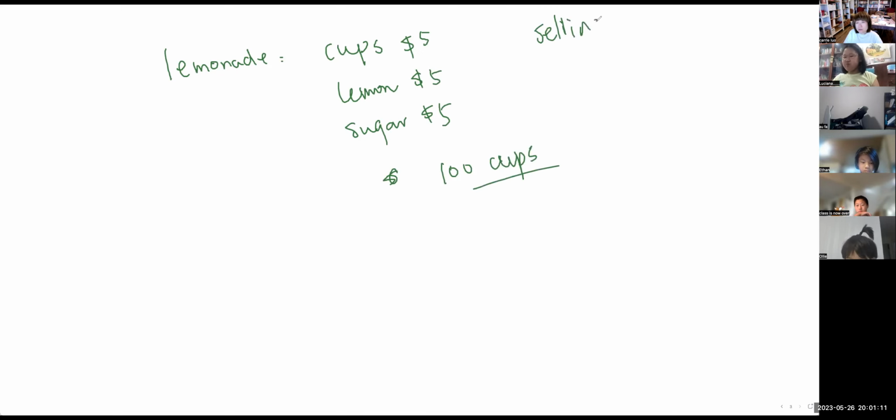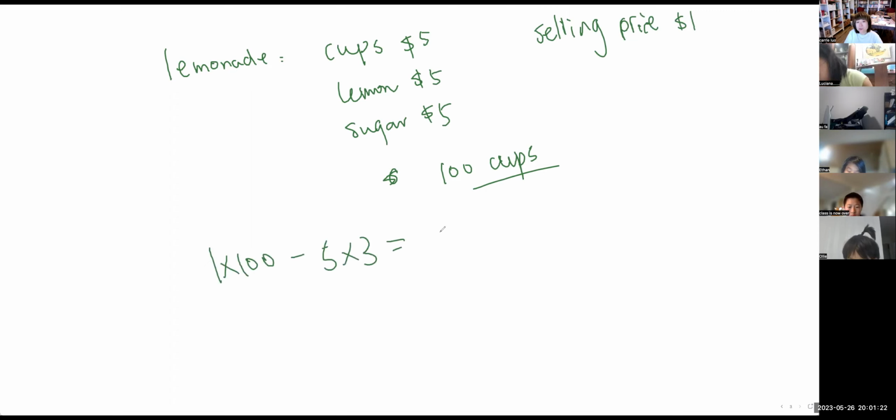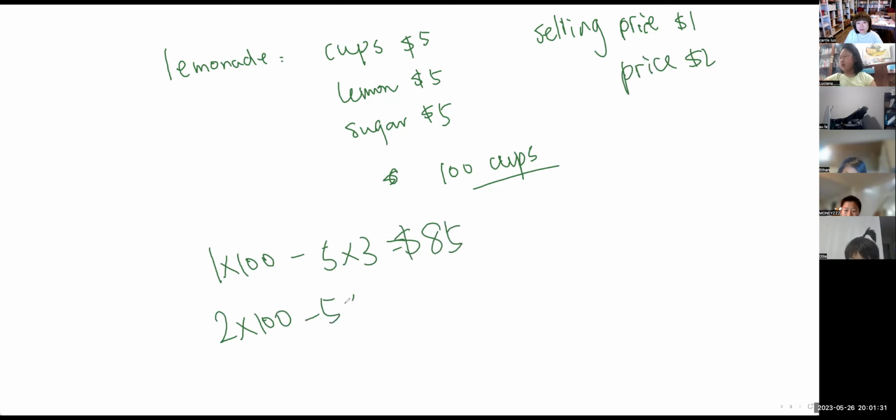Okay? So if the selling price is $1, I'm going to make 1 times 100 minus 5 times 3, which is $85. But if I change the selling price to $2, I'm doing 2 times 100 minus 5 times 3 equals 185.